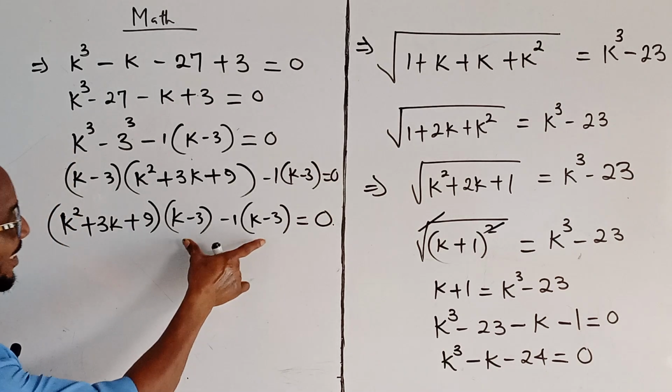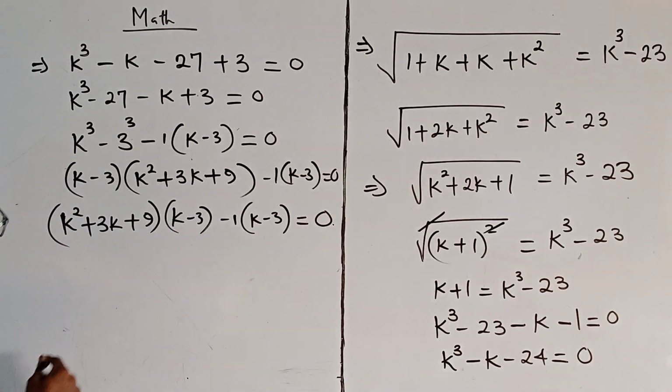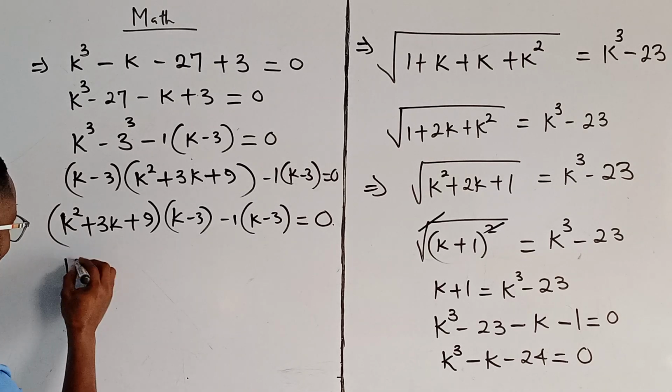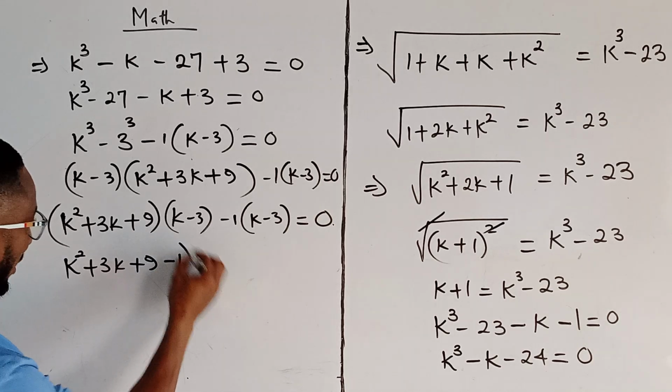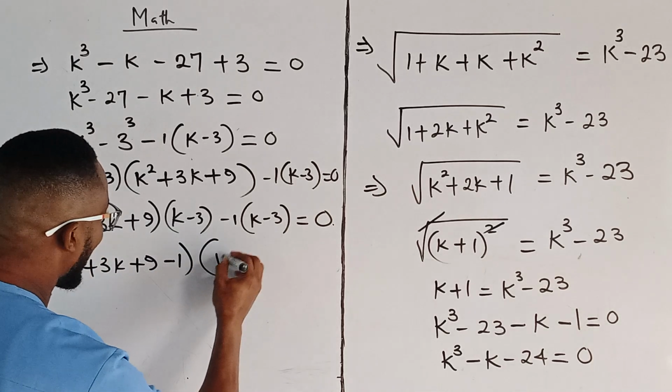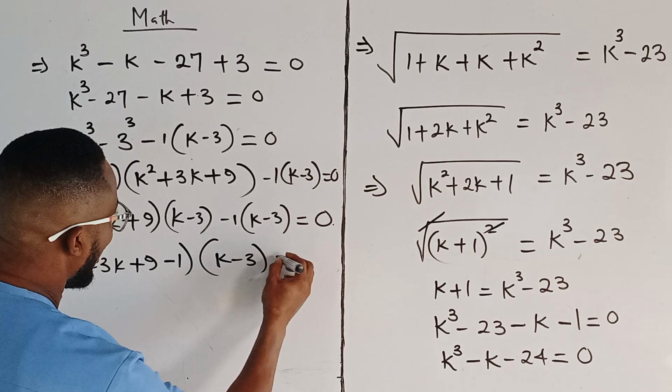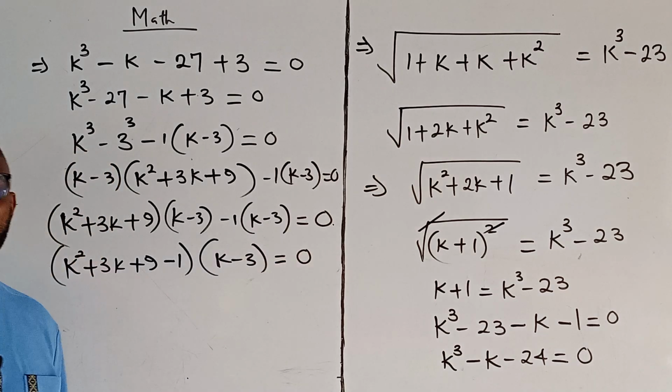As you can see, these two parentheses are the same. We can then pick their common factor. We'll be having k squared plus 3k plus 9 minus 1 in one parenthesis, then k minus 3 in another parenthesis, everything equal to 0.